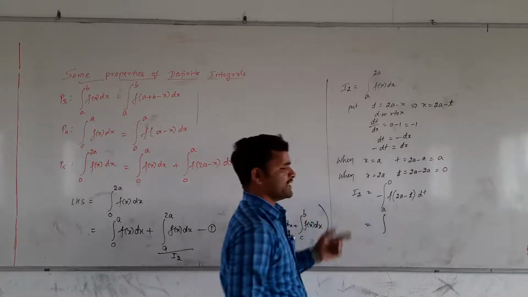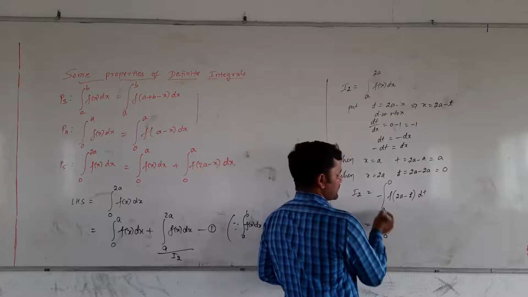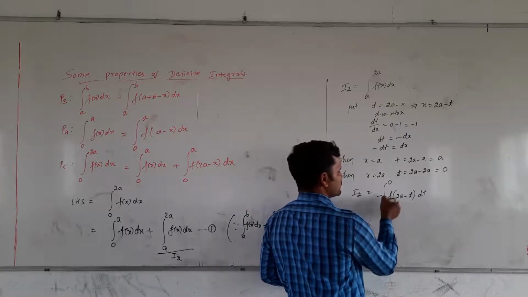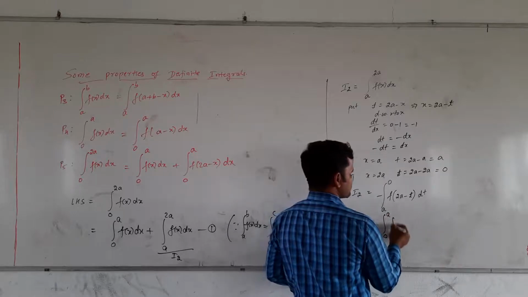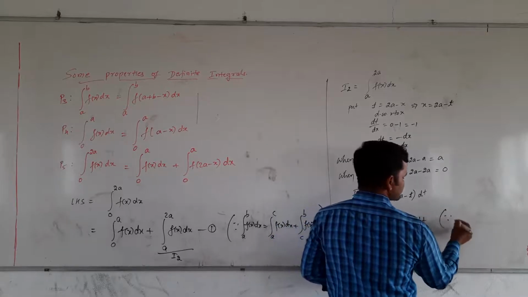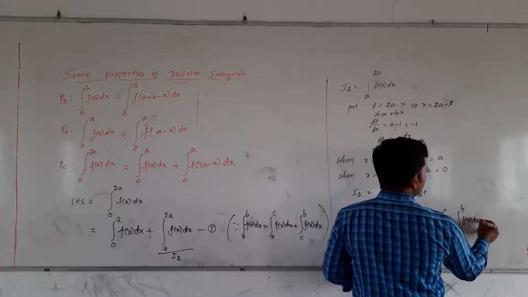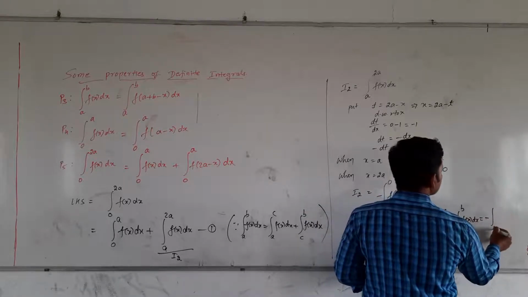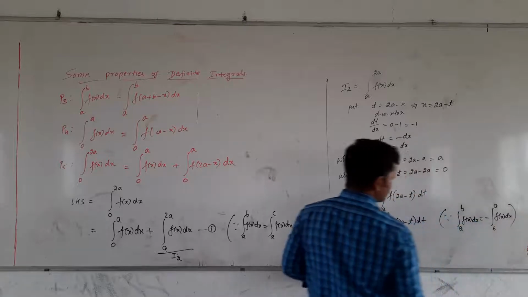Almost we got this I2. I want 0 to a, so what to do? Use the property: we interchange the upper limit and lower limit, a to 0 becomes 0 to a, multiplied with minus. Minus minus becomes plus, so we get f of 2a minus t into dt. This is because integrating from a to b of f of x dx is equal to minus the integral from b to a of f of x dx. This is the property we know.